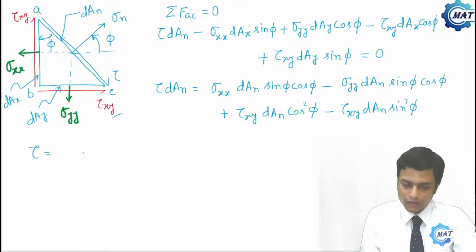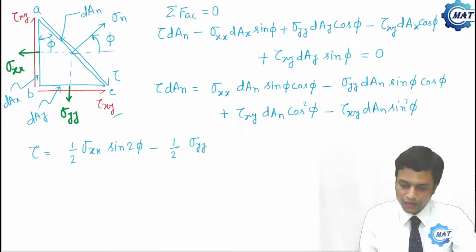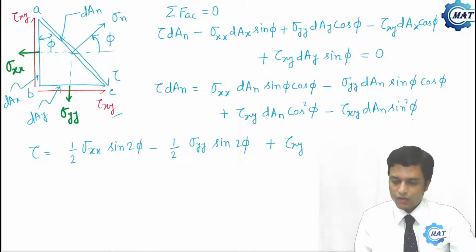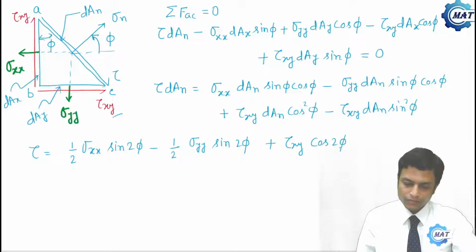So tau becomes half sigma xx sine 2 phi minus half sigma yy sine 2 phi plus tau xy times cos square phi minus sine square phi, which is cos 2 phi.